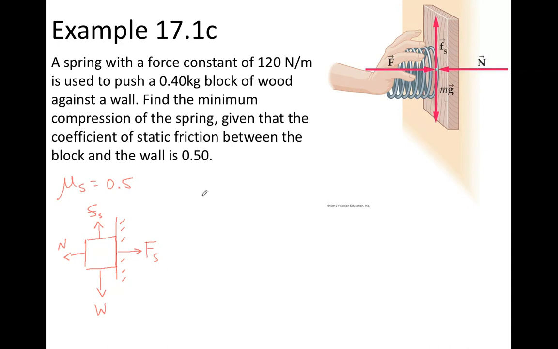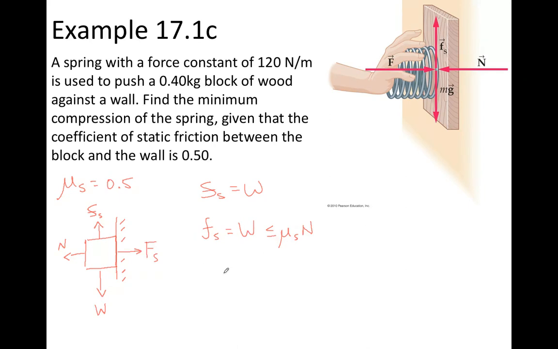Okay, and if the block is to remain where it is, we know that static friction has to equal the weight. Now, static friction has a maximum value. Static friction is not allowed to exceed the normal force times the coefficient of static friction.